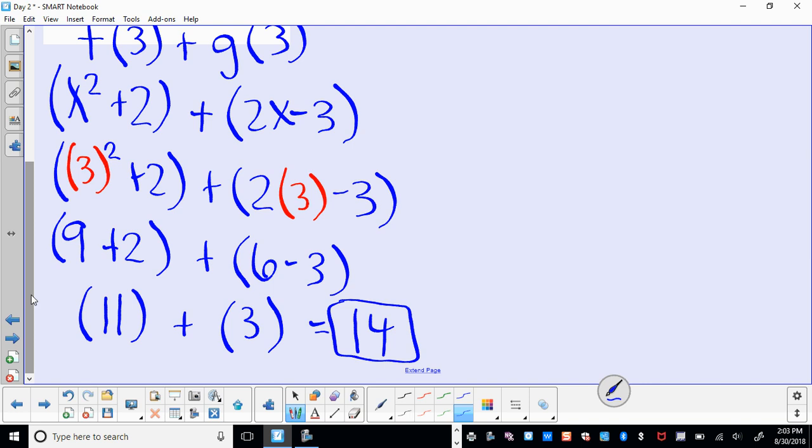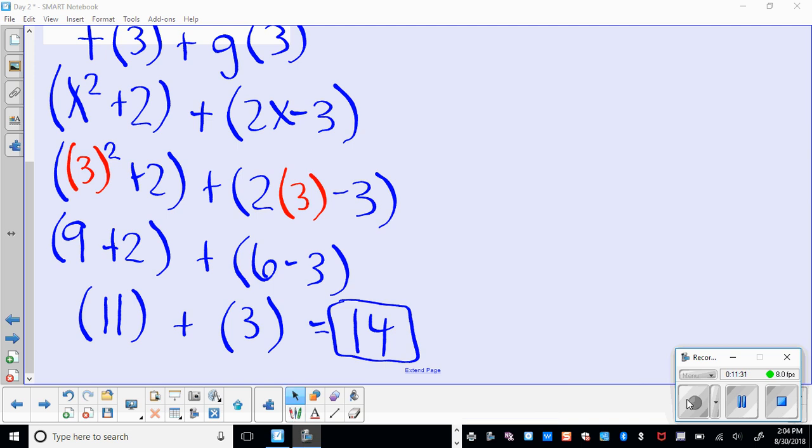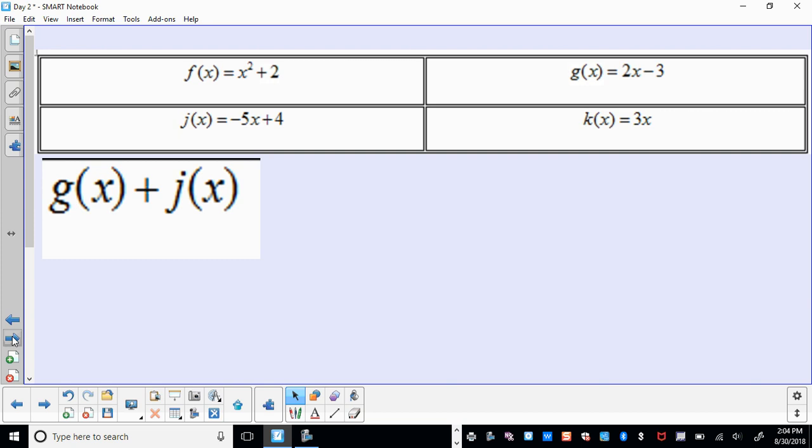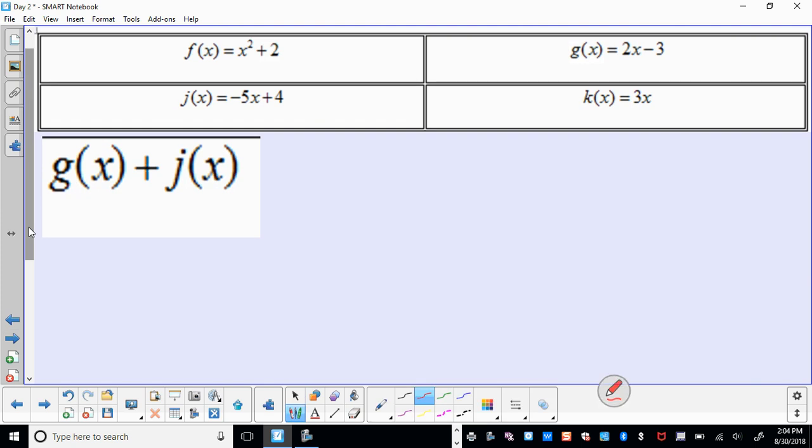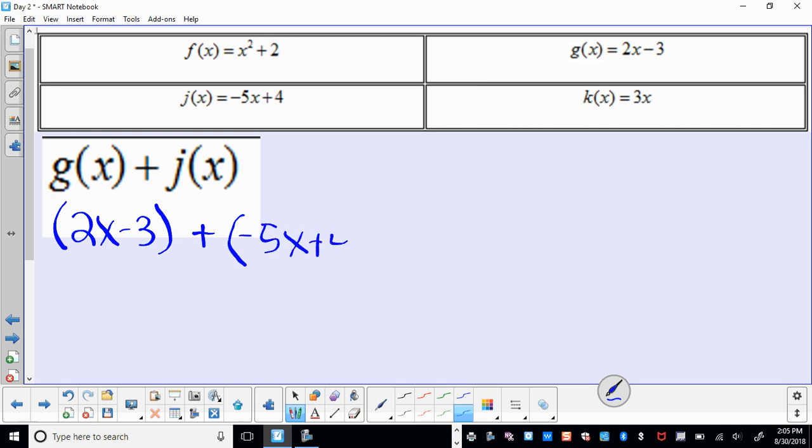I want you guys to do number 6 on your own. Alright, let's do it together. For number 6, I have the g function, which is 2x minus 3, plus the j function of negative 5x plus 4. I can combine like terms, right? Alright.